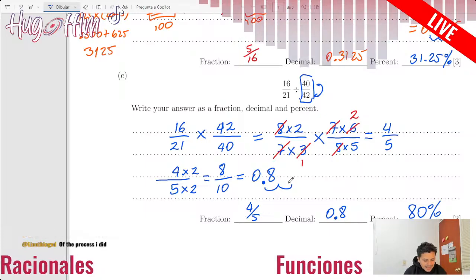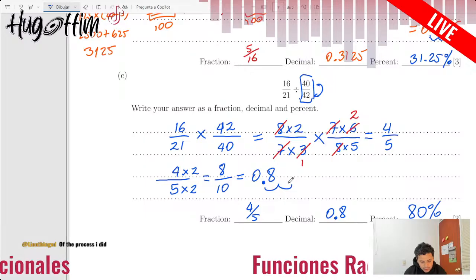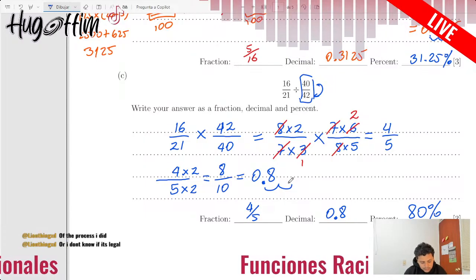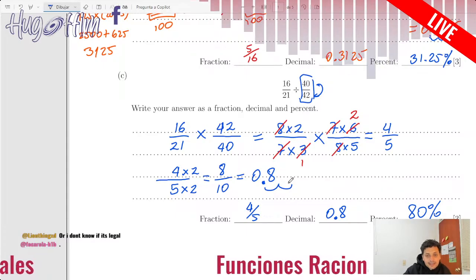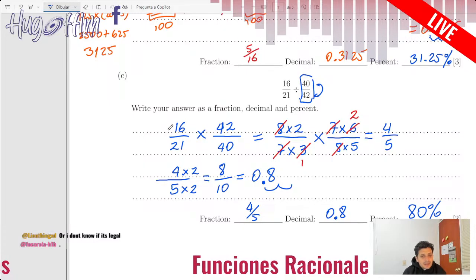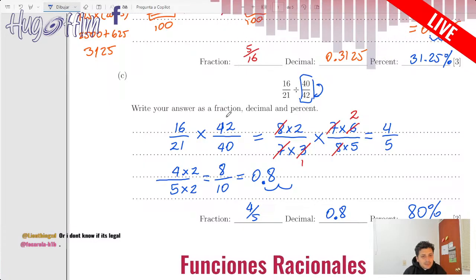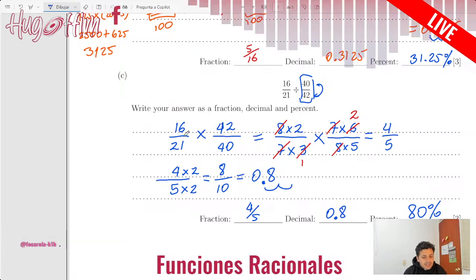Now, I suggest you that even that you apply any process, I suggest you to first divide by common factors, because if you don't divide by common factors, then maybe you're gonna get problems when you multiply. Imagine to me multiplying 16 times 42 and 21 times 40. The time is gonna take me.